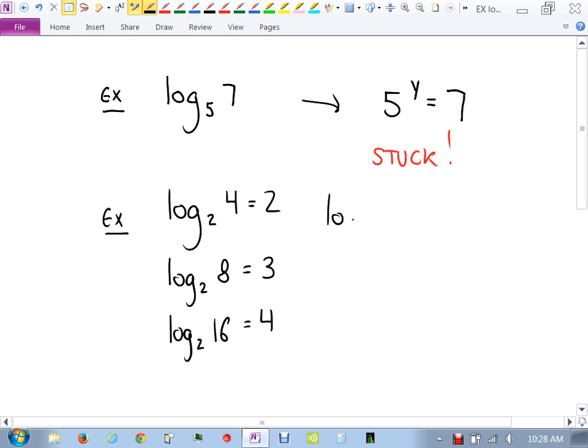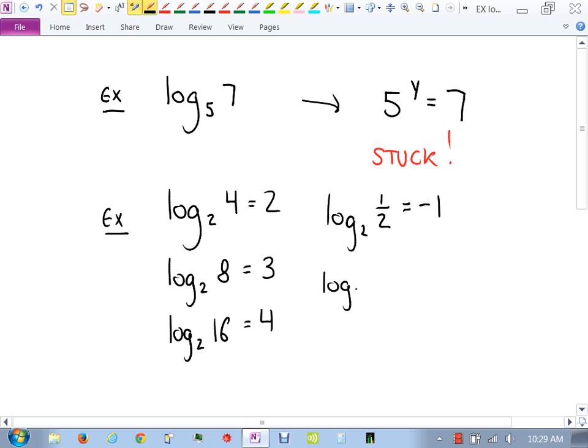I could do log base 2 of, oh, all right, how about this? 1/2. How about -1? What's 2 to the -1? 1/2.